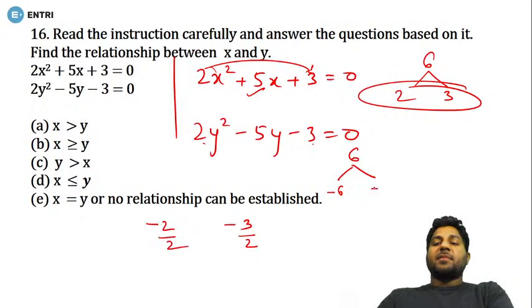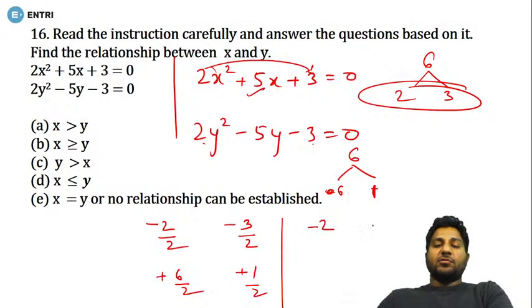Minus 6 plus 6 1s are 6. It will not be 3 or 2, because when you generate the sign negative here, it will become difficult. So it will be plus 6 and plus 1, divided by 2, divided by 2. That means minus 2 minus 3 plus 6, plus 6 minus 1 minus 1.